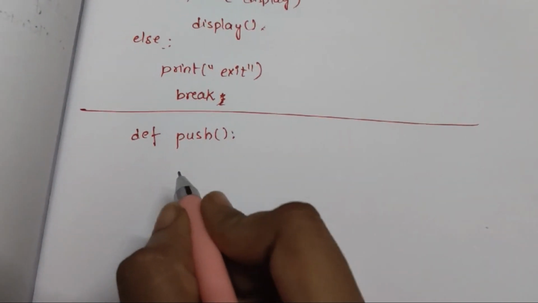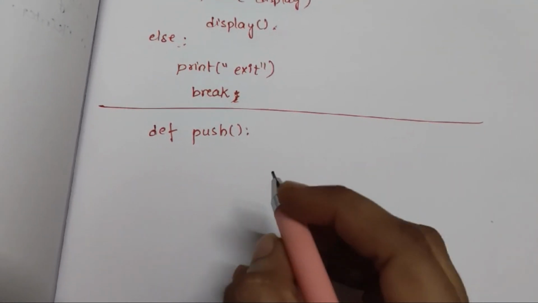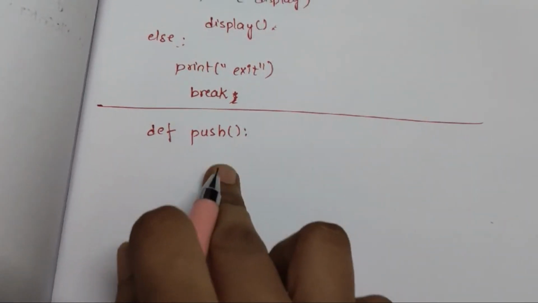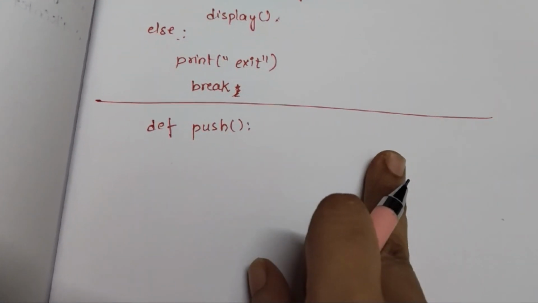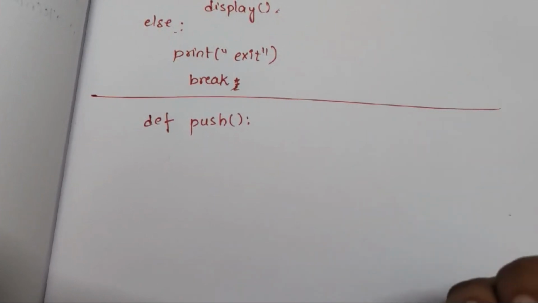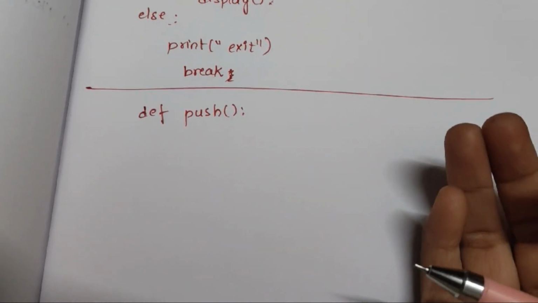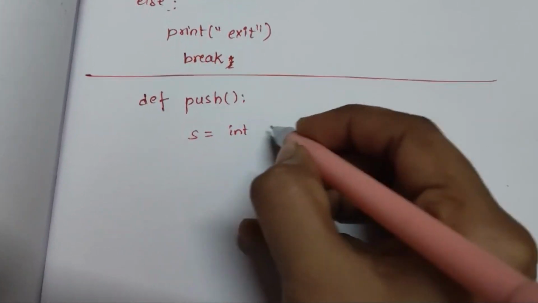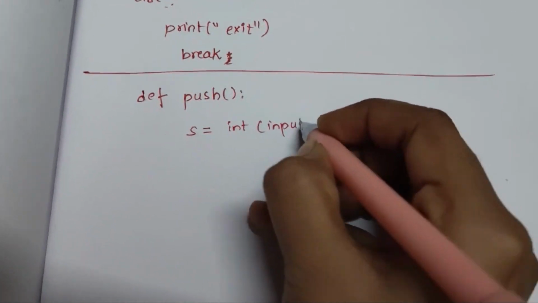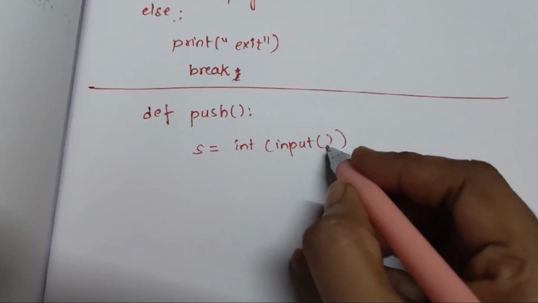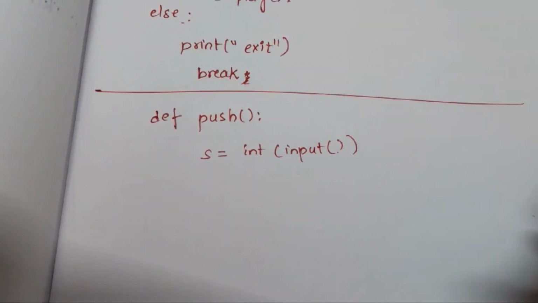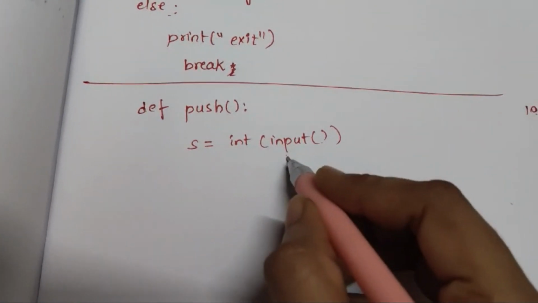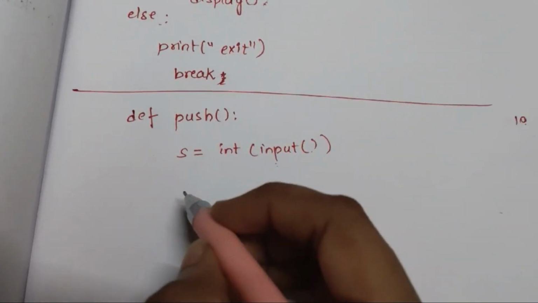So we have two conditions. First if we enter 1, then it goes to the push operation. Then it will ask for the element, which element you want to enter. So for that you need to write something like int of input. You need to enter a number here. Like if you want to enter 10, you can give the input 10 here.